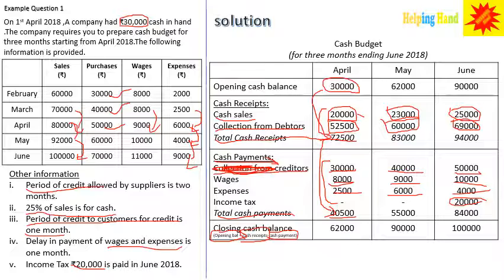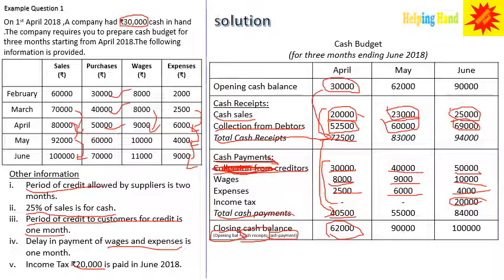So 30 plus 72,500 is 1,02,500. When we subtract 40,500 from that, we get 62,000. So this 62,000 is our closing cash balance for the month of April.